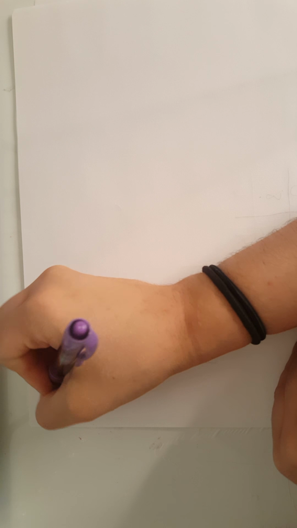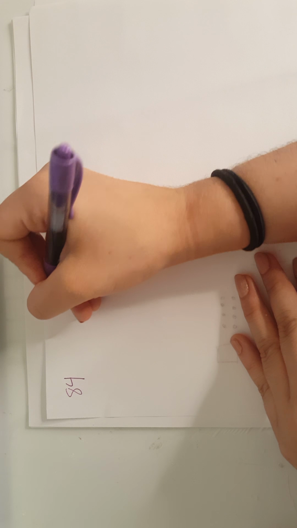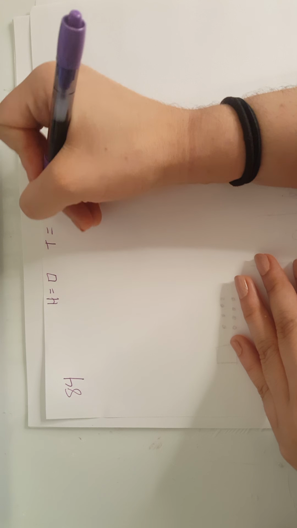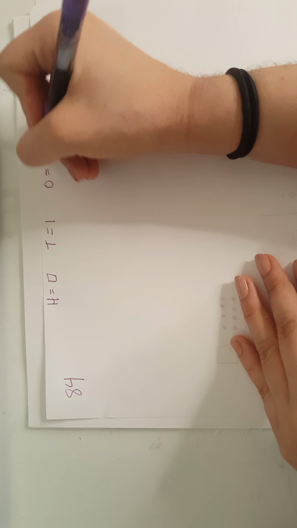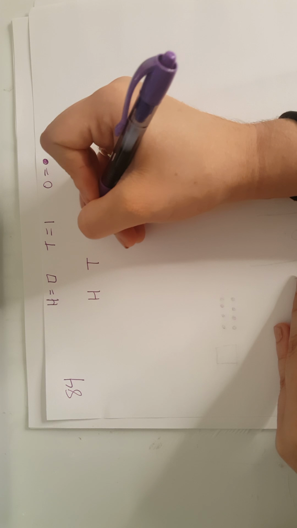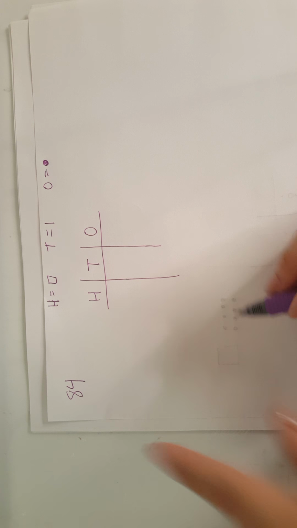Let's try another one. We will do 84. Again, your hundreds with a square, your tens, and your ones. Okay, so we have the hundreds, tens, ones. Let's try this out. So 84.